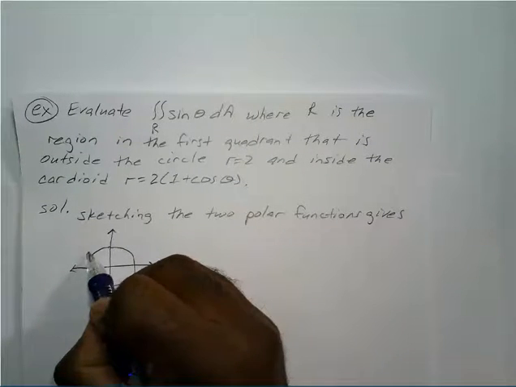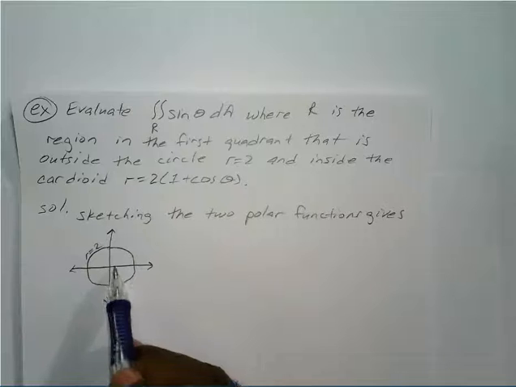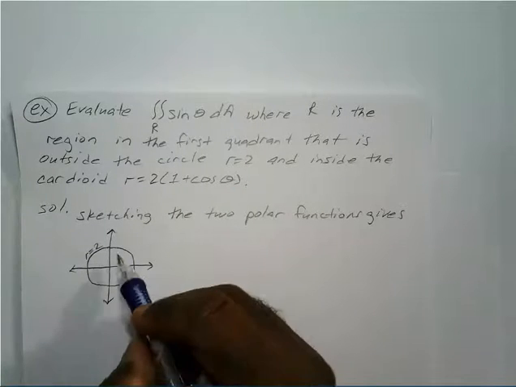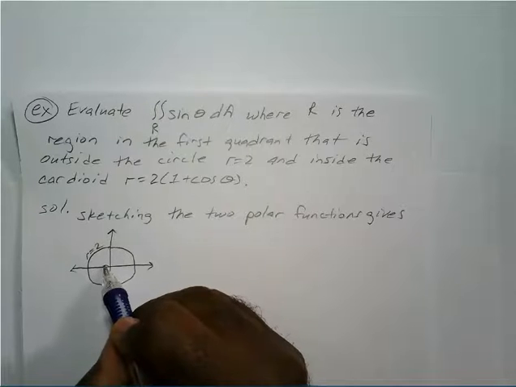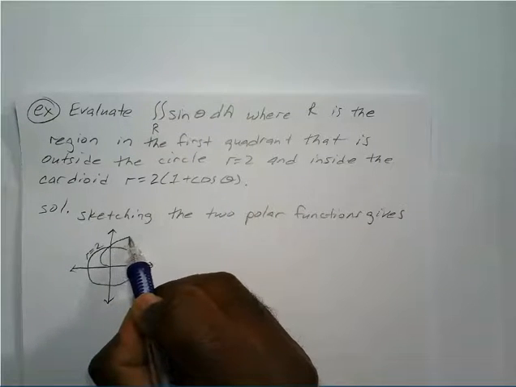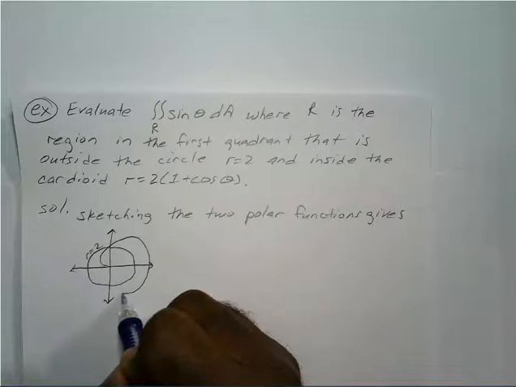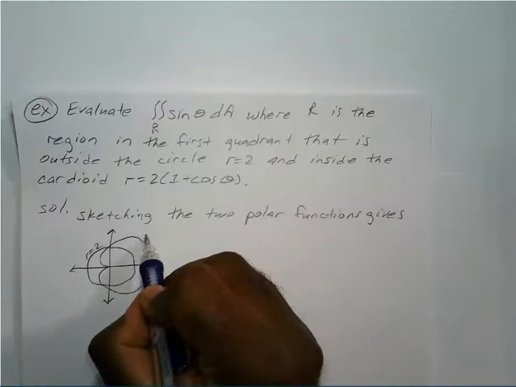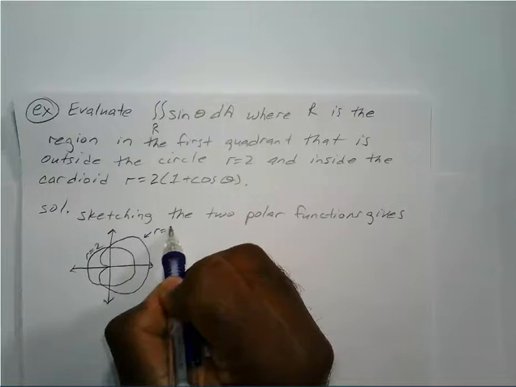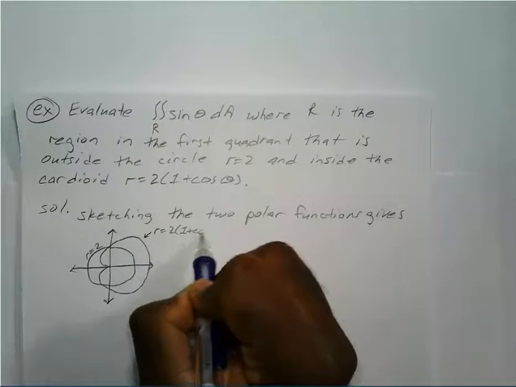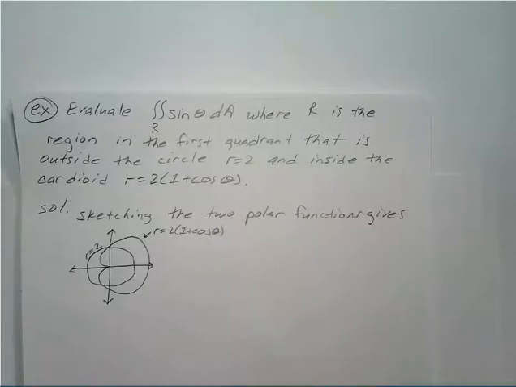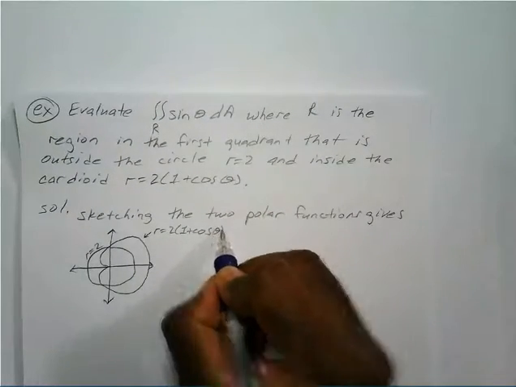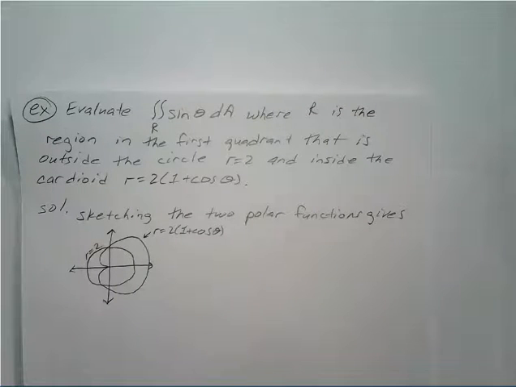This is your r equals 2, and the graph of the function r equals 2 times 1 plus cosine of theta looks kind of like that.